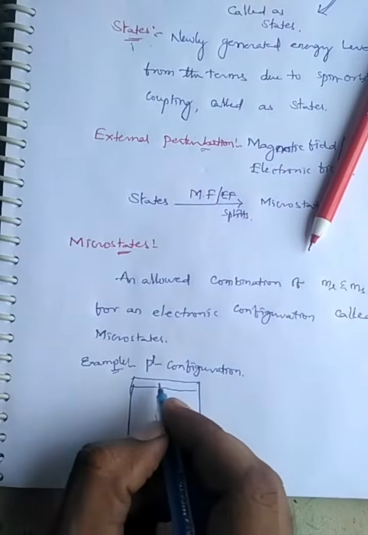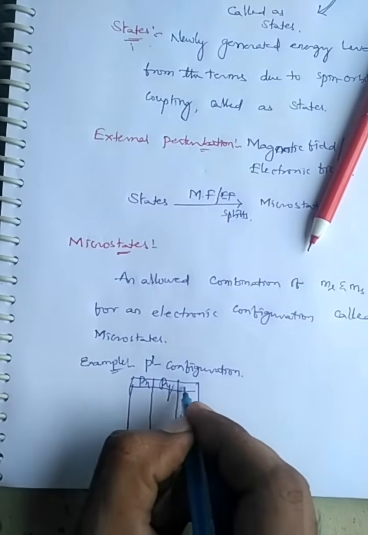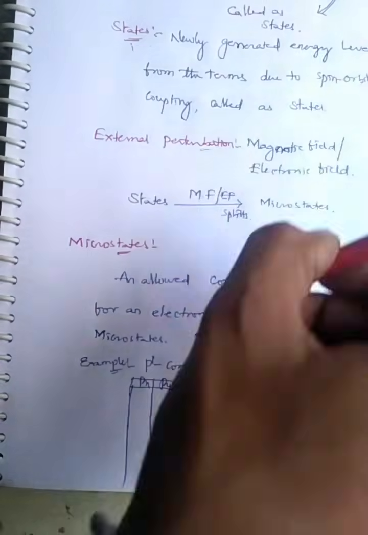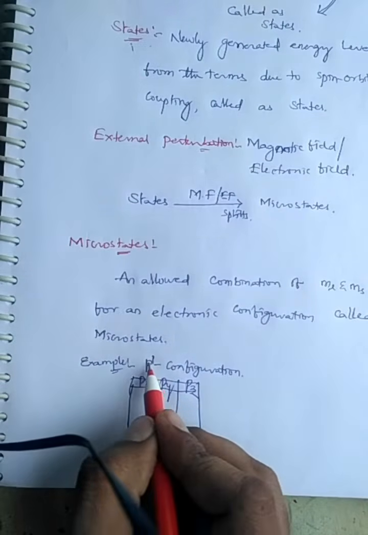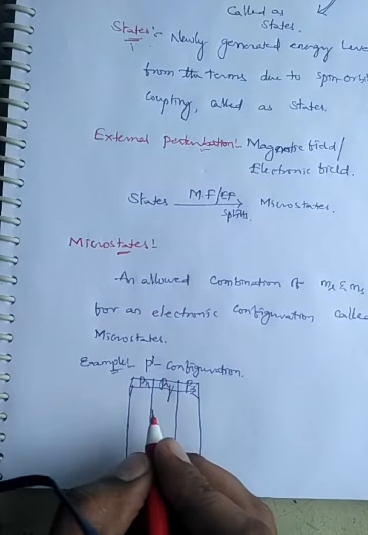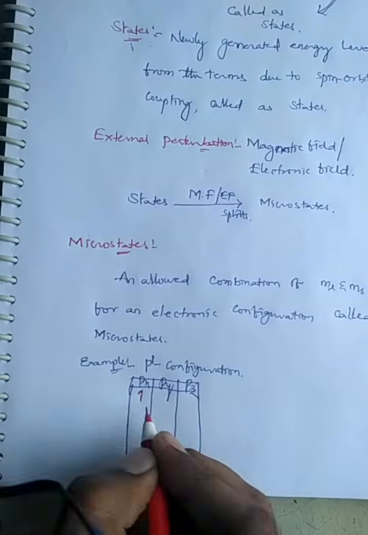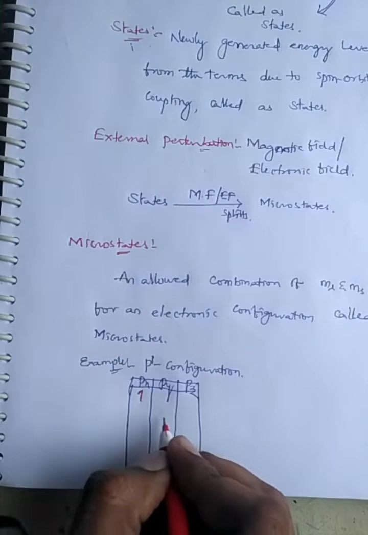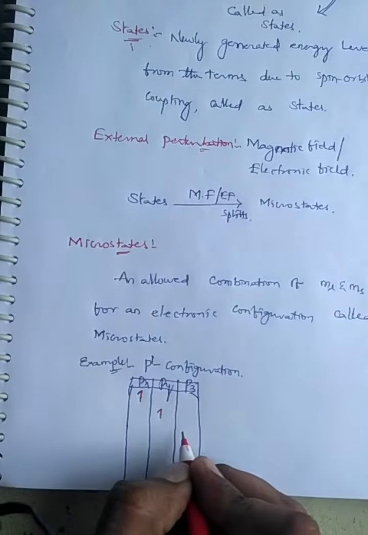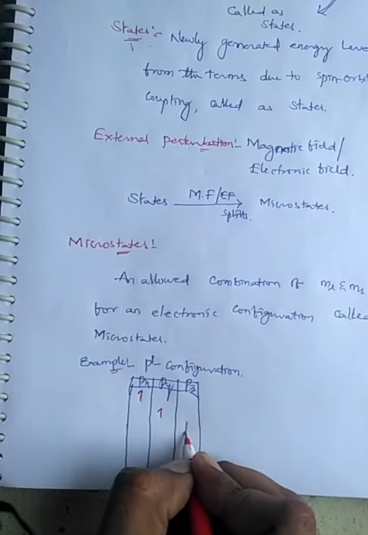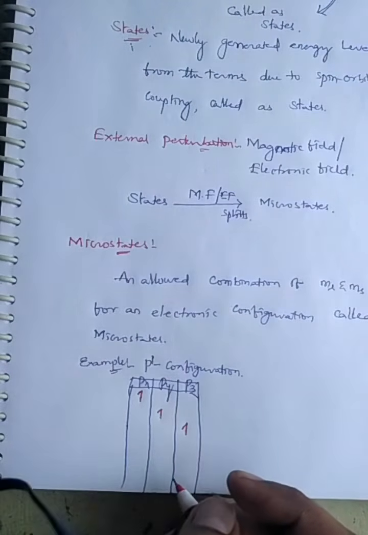So the p orbital has 3 suborbitals, px, py and pz, where this single electron in the p1 configuration can be arranged with a clockwise spin in the px orbital, or in the py orbital with a clockwise spin, or in the pz orbital with a clockwise spin, right?